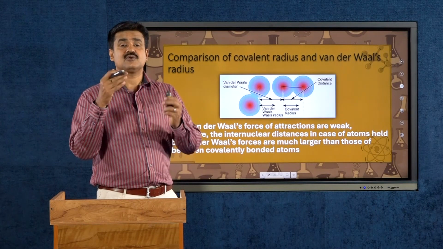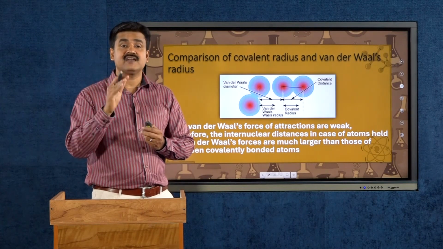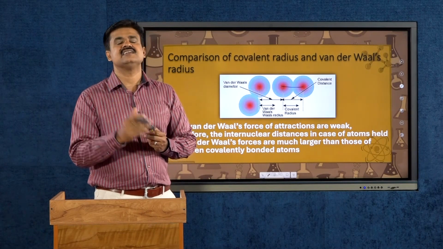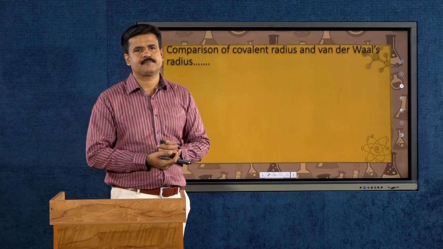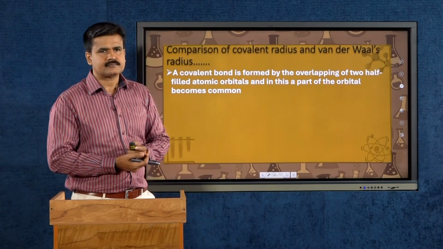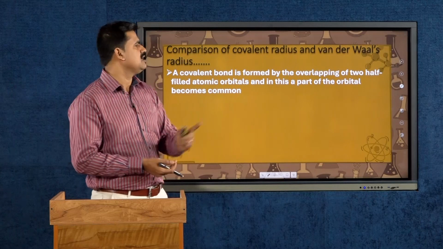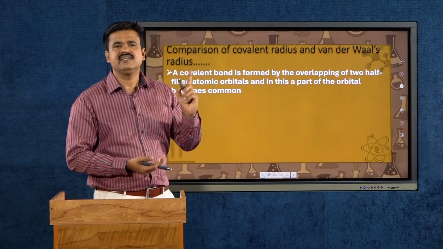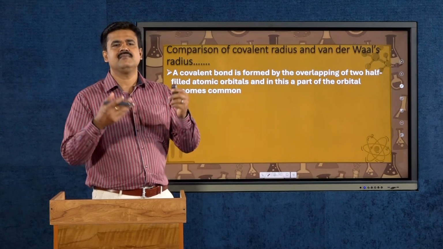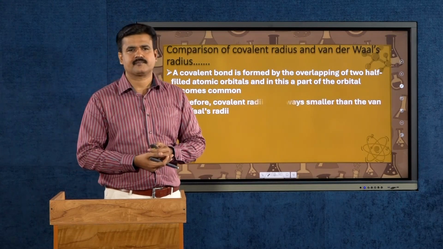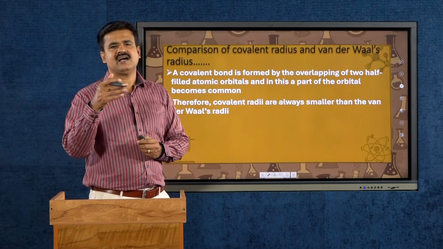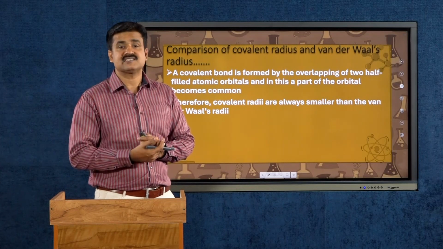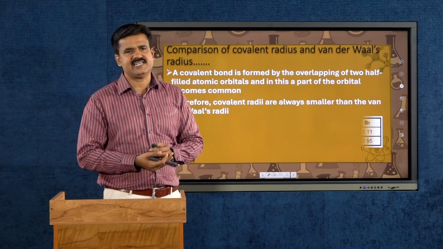Bonding interaction causes a decrease in bond length, and hence covalent radii are always less than van der Waals radii. Now, a covalent bond is formed by the overlapping of two half-filled atomic orbitals, and in this part the orbital becomes common. Therefore, covalent radii, as I mentioned, are always smaller than the van der Waals radius.